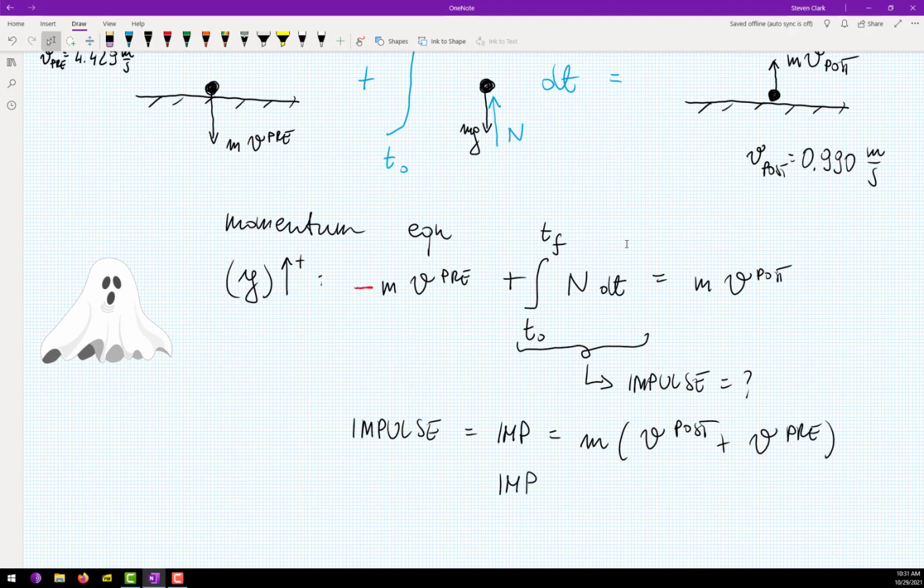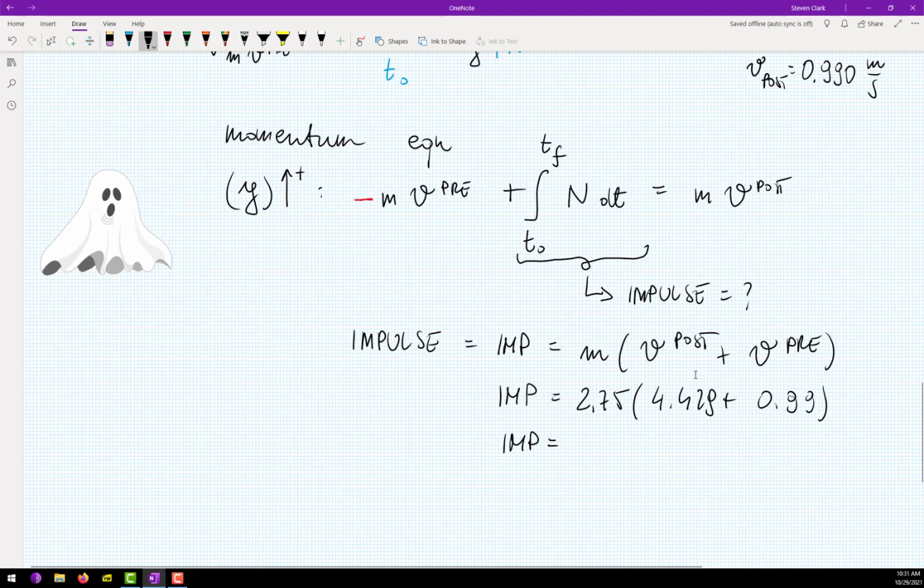So IMP is equal to 2.75 times 4.429 plus 0.99. Grab your calculators if you want to, and obtain that IMP is equal to 14.902 newtons times second. This is the answer.